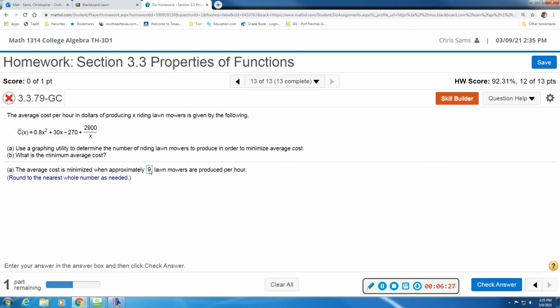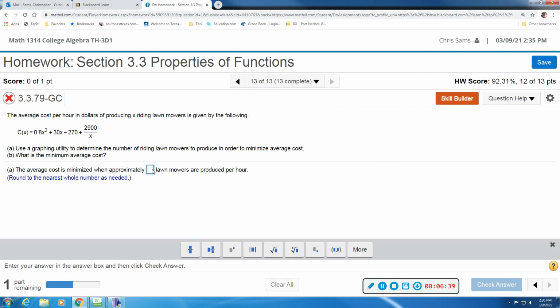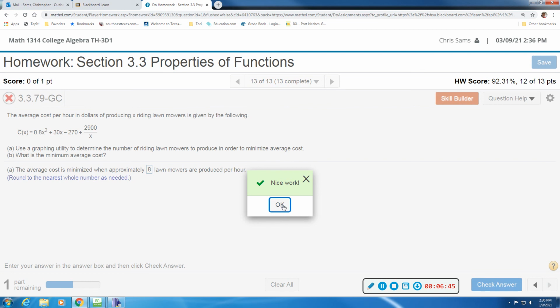Okay, so they don't like 9. I thought we would normally round up. Maybe they want to round down, since 8.2 is closer to 8. Usually you would round up. So let's see if they want 8. Or maybe I have something typed in incorrectly. Okay, so they round down. That's not the norm. I would normally round up, but we round down to 8.